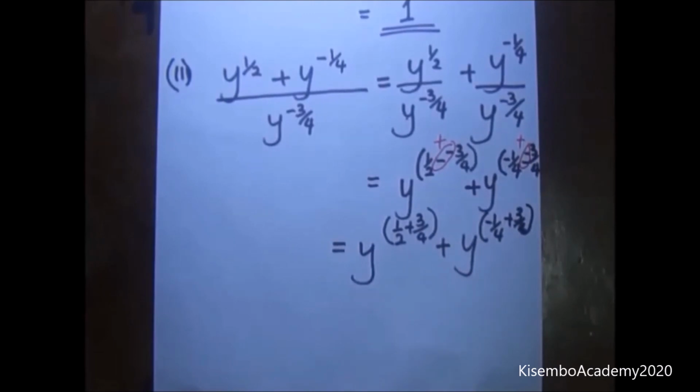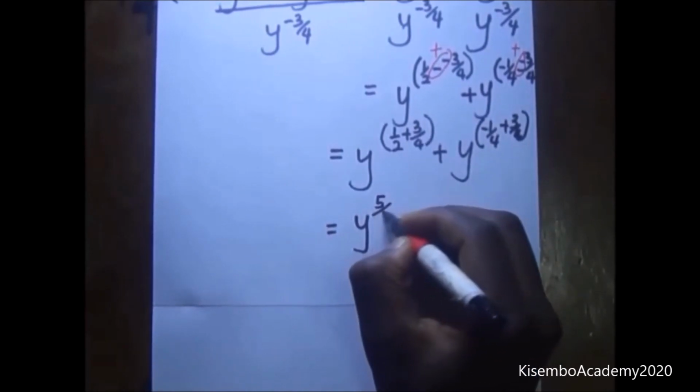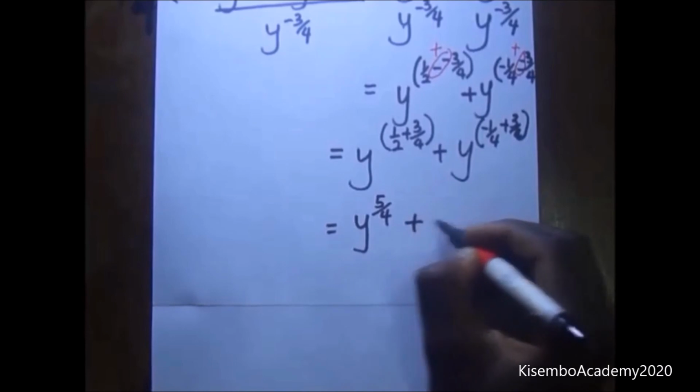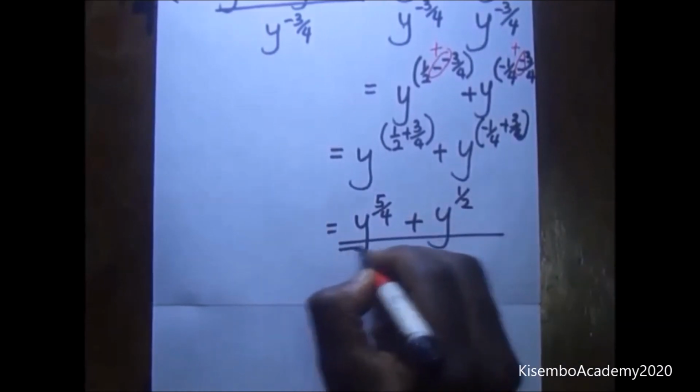When we add the powers, we shall end up with y to the power 5 over 4 plus y to the power a half. And that's the answer.